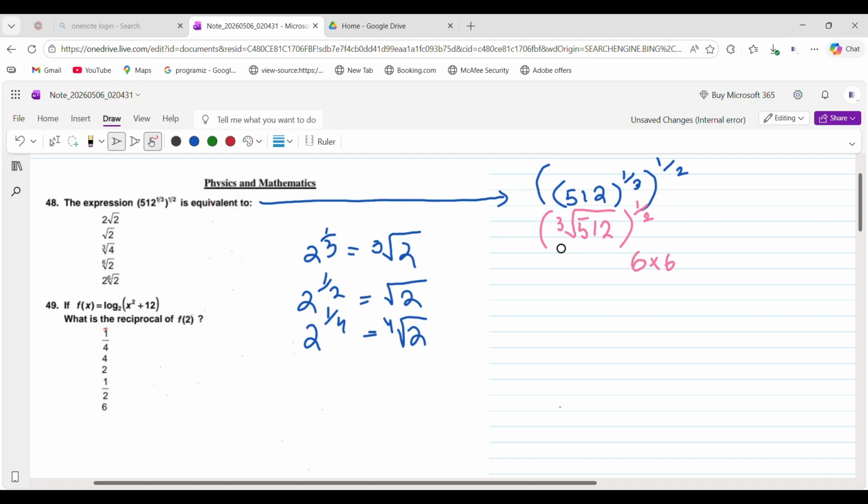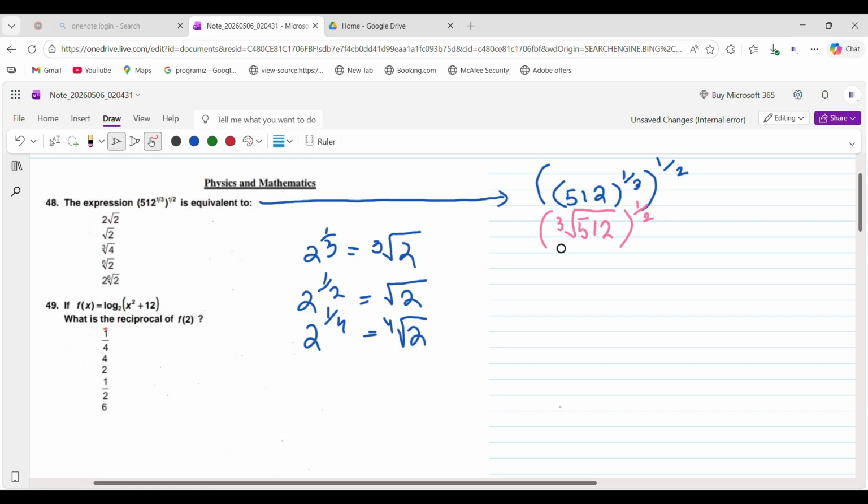So 6 into 6 is 36, and 36 into 6 is what? 6 6s are 36, 6 3s are 18, and 21. So it's basically 216. We haven't gotten 512 yet, so 6 cannot be the number whose cube is 512.